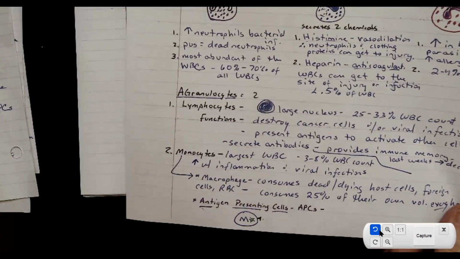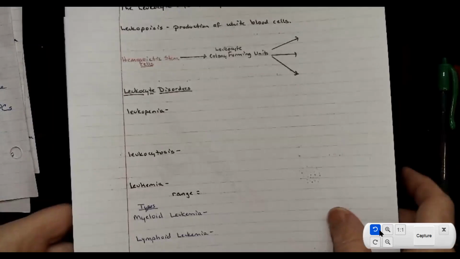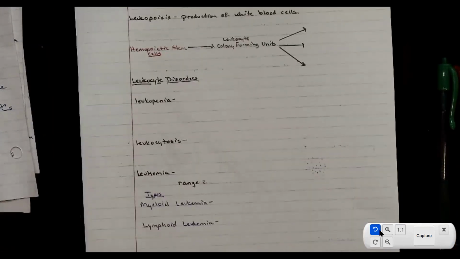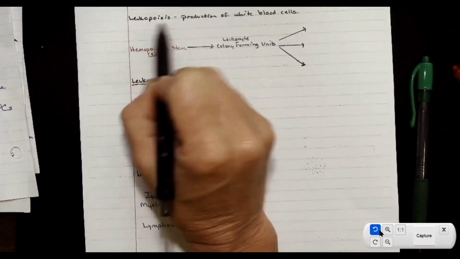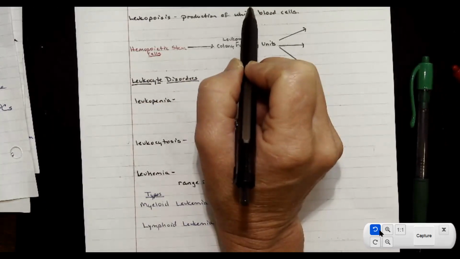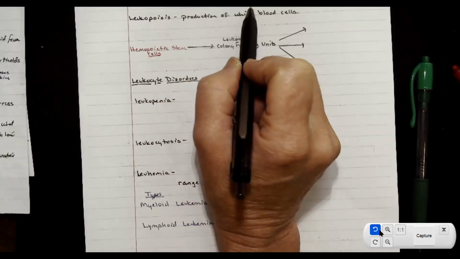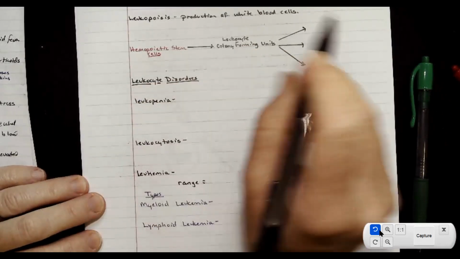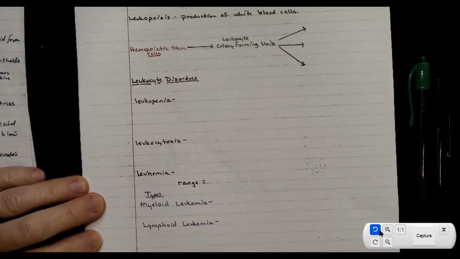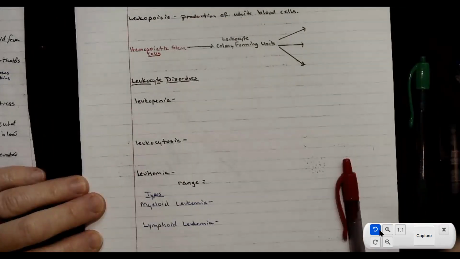You can read the PowerPoint as well about the leukocytes. To discuss how leukocytes are made, I don't go in detail like I did with the red blood cells, but leukopoiesis is the production of white blood cells, and it starts in hemopoietic stem cells, just like the other ones.